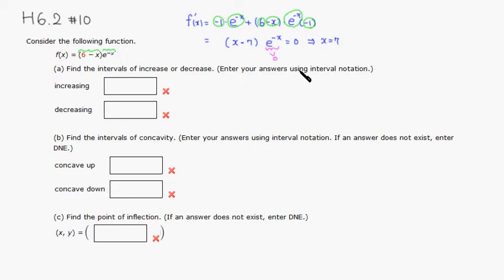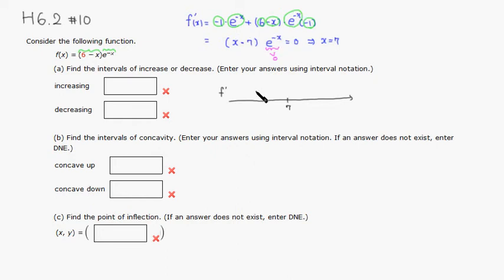So that's the critical number. We're going to draw a number line. The critical number is 7. Then you look at the sign of f prime. We can try anything smaller than 7, I'll just use 1. If you plug in 1, 1 minus 7 is negative, times positive is negative.